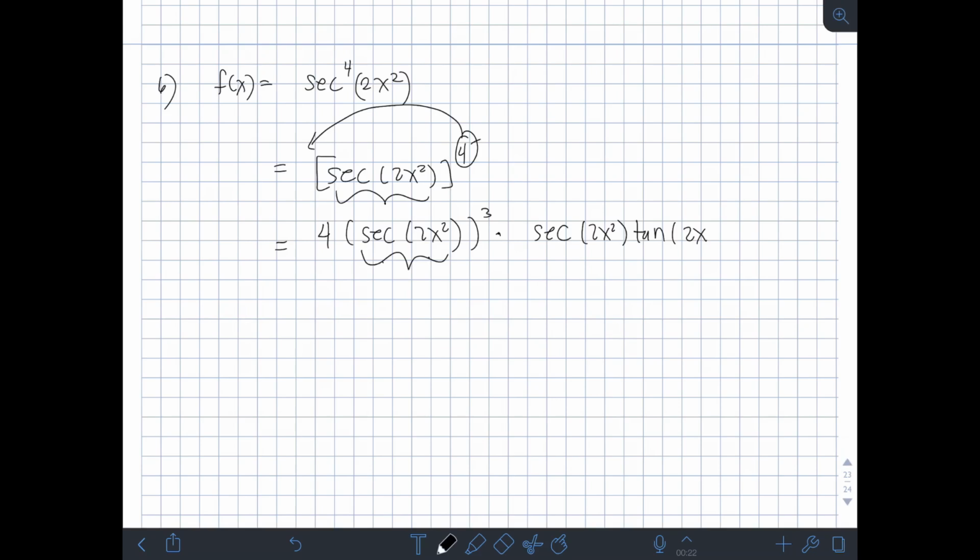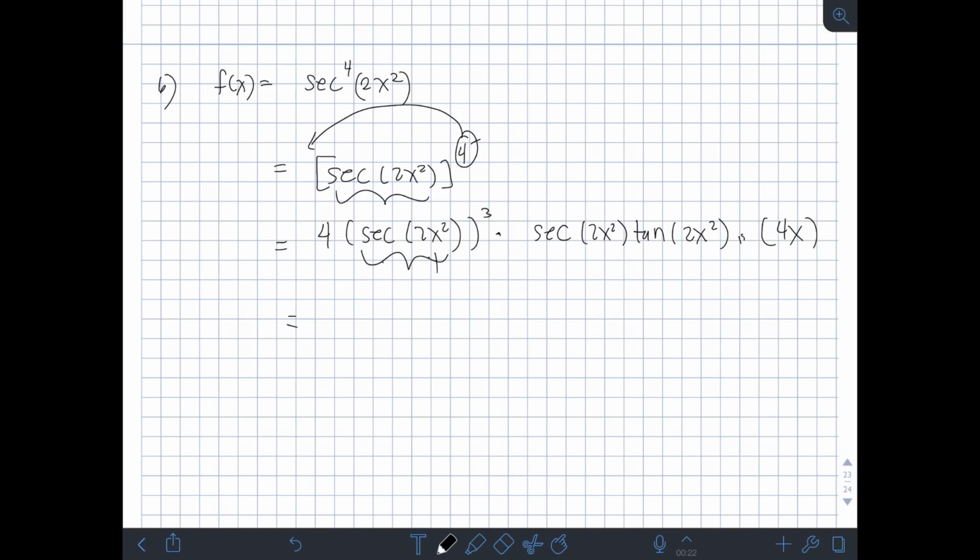Kopyahin uli natin yung 2x squared na angle. So, secant 2x squared times tangent 2x squared times, hindi pa tayo tapos kasi chain rule nga ulit, multiply pa natin to sa derivative ng inside function na 2x squared, which is power rule na lang. Anong derivative ng 2x squared? 4x, right? So, therefore, we're done.